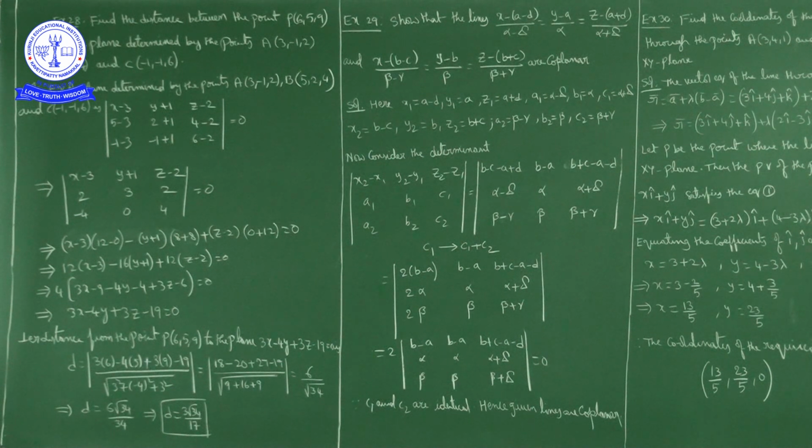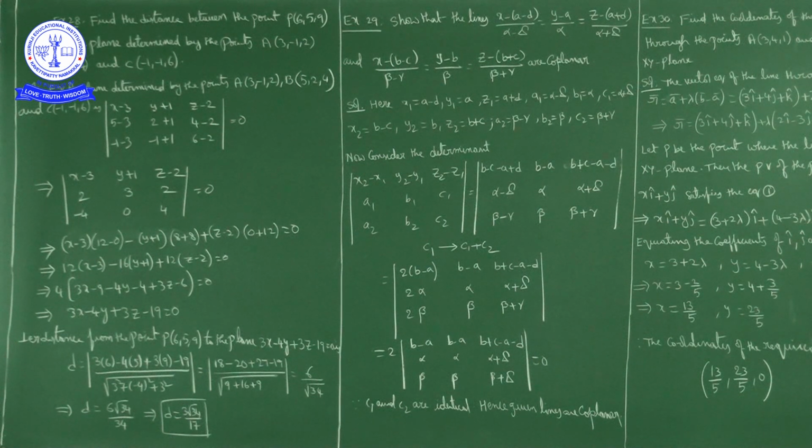Now the equation of the plane determined by these 3 points is the determinant of: first row x minus x1, that is x minus 3, y minus y1, that is y plus 1, z minus z1, that is z minus 2. Okay, second row x2 minus x1, 5 minus 3, y2 minus y1, 2 plus 1, z2 minus z1, 4 minus 2.